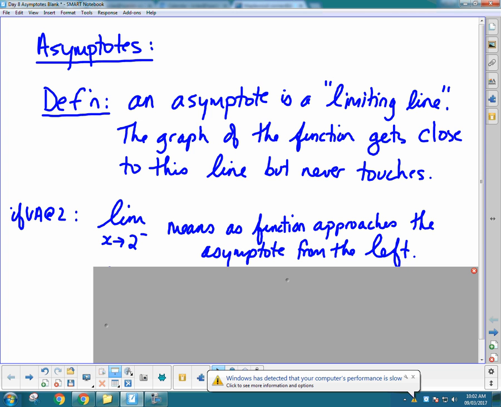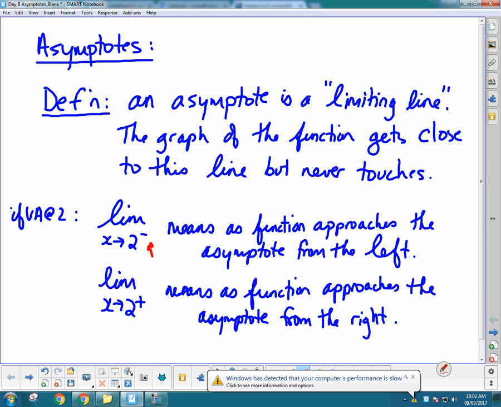We can actually write the limit as x approaches 2 from the left, and that's what this negative symbol means, and look at the function and say, what does the function do as it approaches the asymptote from the left? And naturally then we can also look at the other side and describe what the limit of the function is when it approaches the asymptote from the right. And of course that one would have the plus 2.